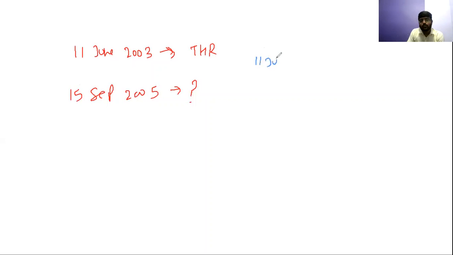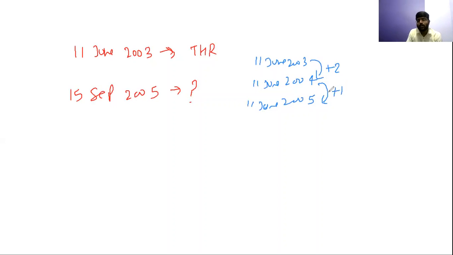So 11th June 2003. I will go to 2004, then to 2005. So I'm coming to the same date, 11th June 2005. From 3 to 4 when I go, I will be crossing the February of 2004, and that's a leap year. I will add 2. From 4 to 5, from 11th June 2004 to 11th June 2005, I will be crossing the February of 2005, and that's an ordinary year.